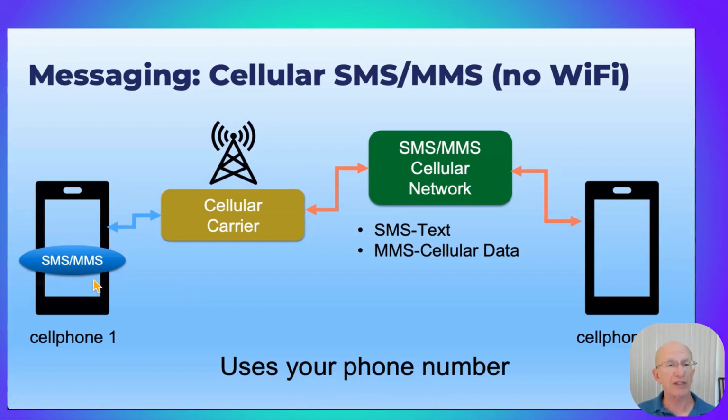It's called SMS, but there's also another type of messaging called MMS, which lets you attach a media file. Okay, so SMS and MMS both go through your cellular carrier, through your phone number. They go through your cellular network, and your cellular network gets it to the other person's phone number. And so SMS is part of your text plan, and MMS is part of your cellular plan.